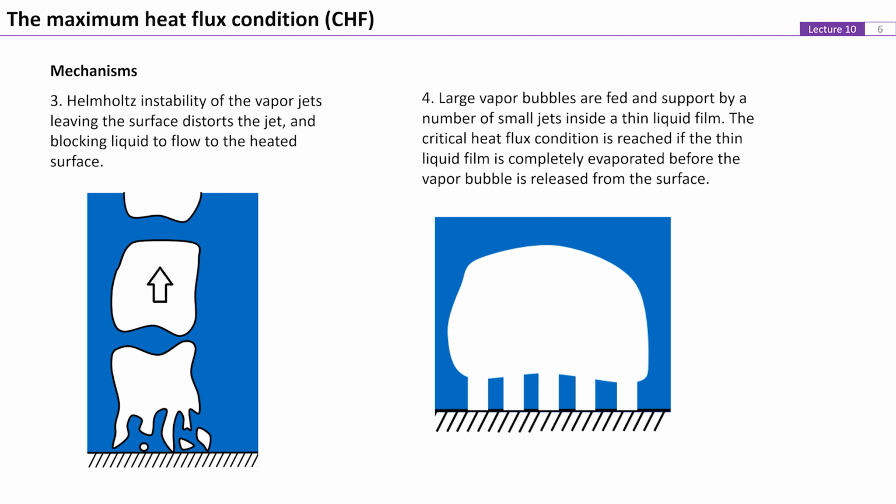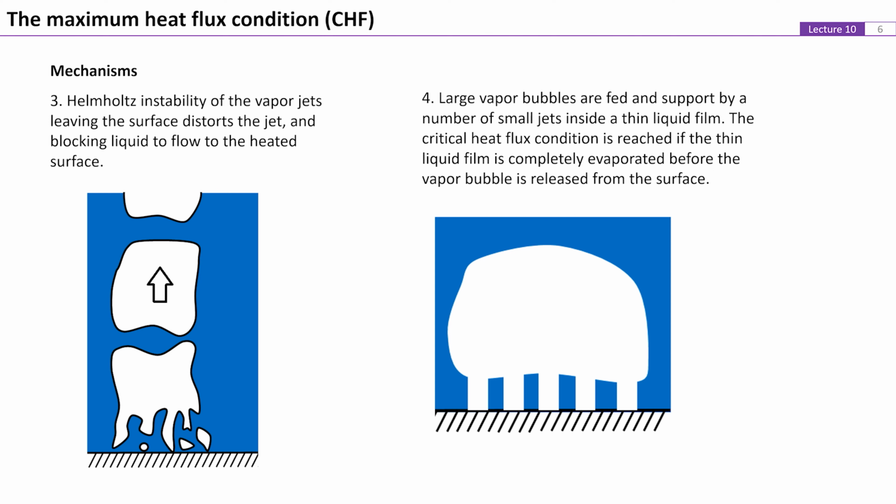The last mechanism introduced here proposed that in the final stage of nucleate boiling with high heat flux or high surface temperature, large vapor bubbles are fed with a number of small vapor jets. These jets carry vapor through a thin layer of liquid film under the big bubble.